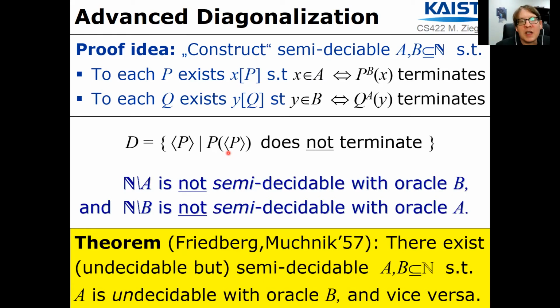We're almost at the end of chapter 2, and thus this is almost the highest level of difficulty. The highest level of difficulty will be next Tuesday, when we give the proof of these two statements, where we construct these two sets in a very smart and intertwined way, because they depend on each other.